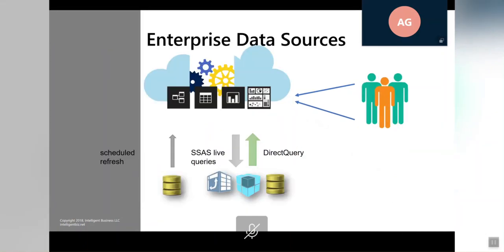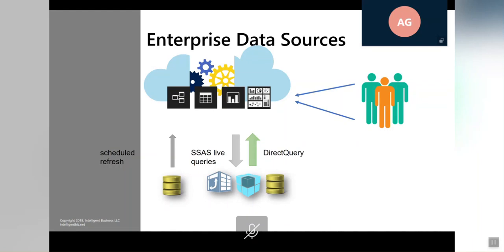There are a few different ways that we can use Power BI in an enterprise mode. One is that we simply build simple Power BI models. We import the data, use Power Query to transform the data, publish that data up to the Power BI service where it lives in the cloud, and then we can schedule data refresh.